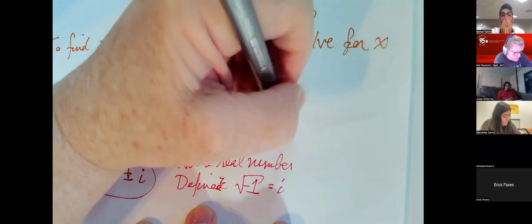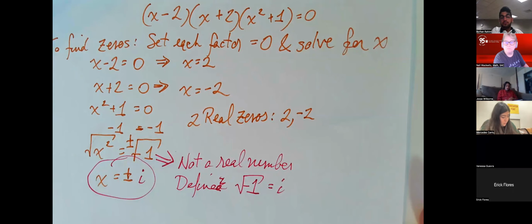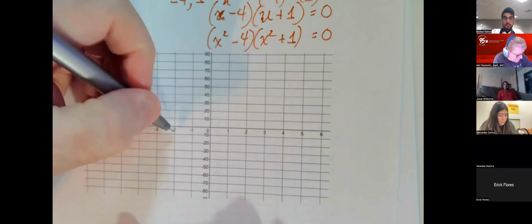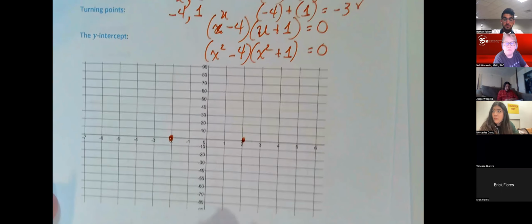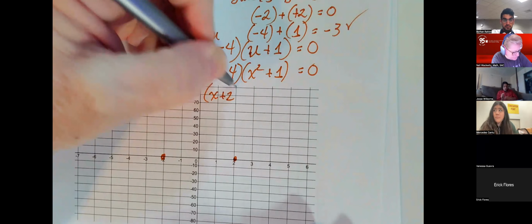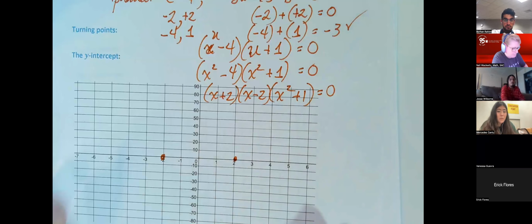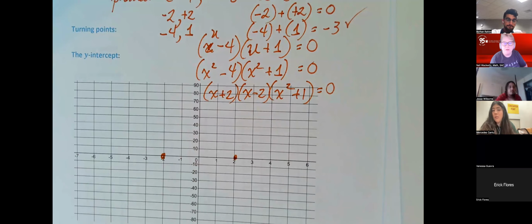All right, so we have two real zeros, and they are positive 2 and negative 2. So let's put those on our graph. What is the exponent? We had x plus 2, x minus 2, and x squared plus 1, all equal 0. What is the exponent on the x plus 2 factor? 1. Good.